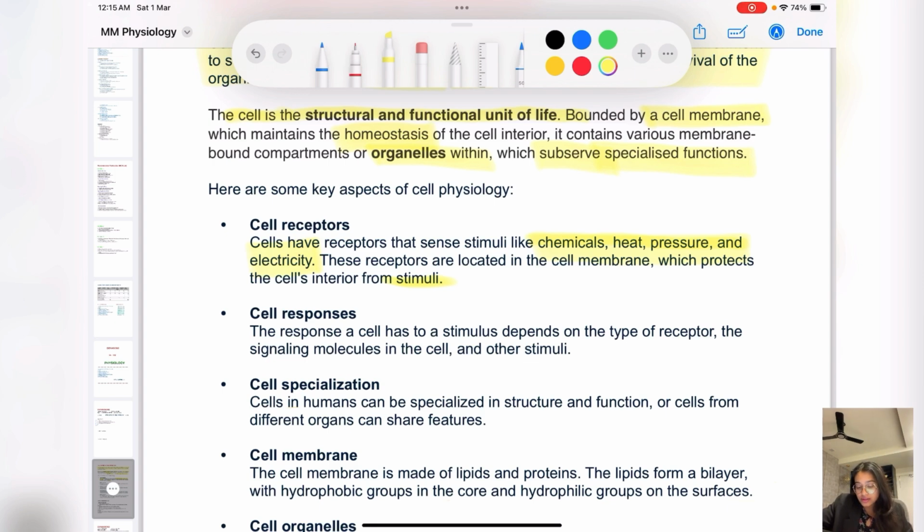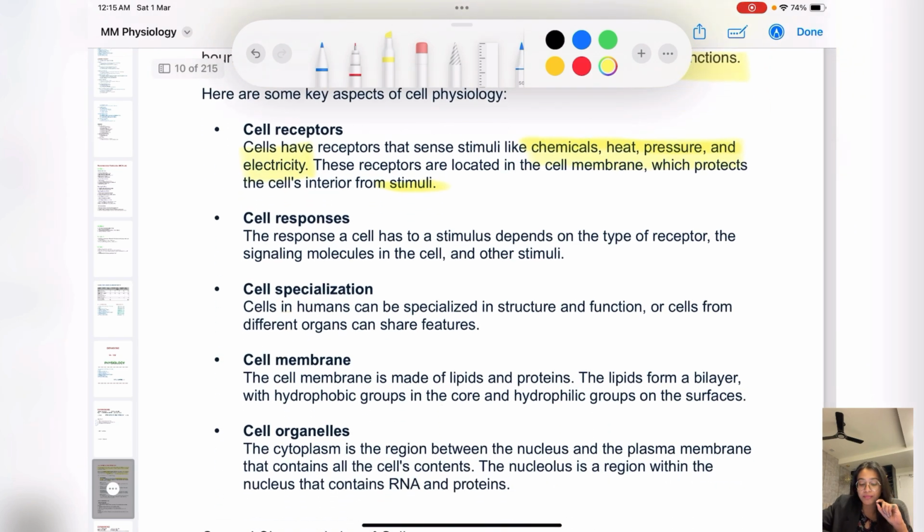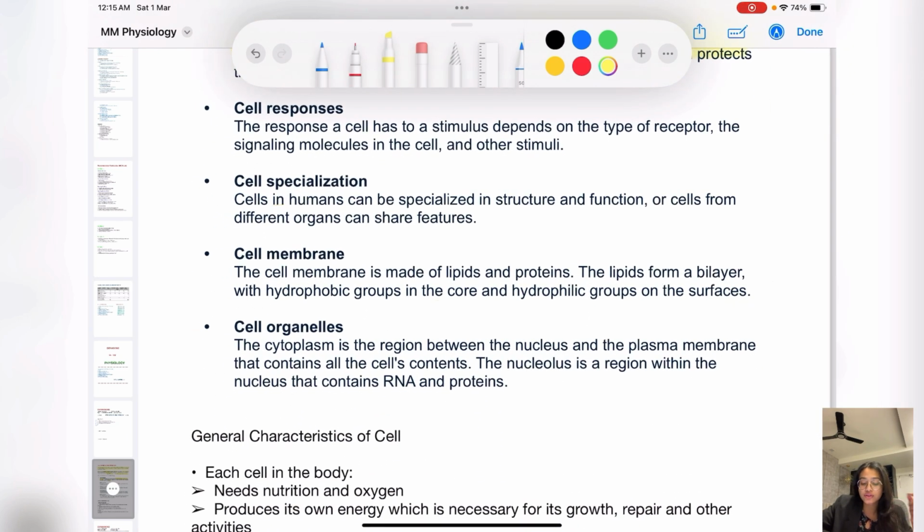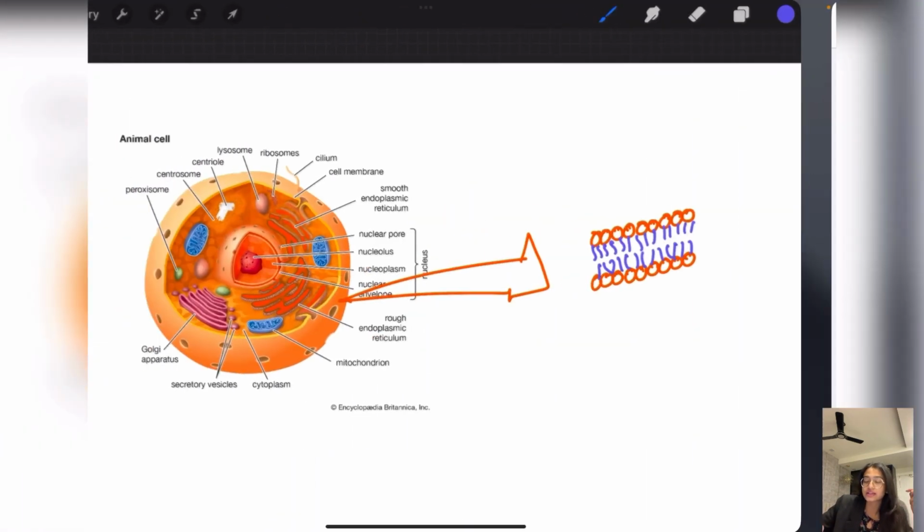Cells in humans can be specialized in structure and function, or cells in different organs can share features. Cell membrane: the cell membrane is made up of lipids and proteins. The lipids form a bilayer with hydrophobic groups in the core and hydrophilic groups in the surface.